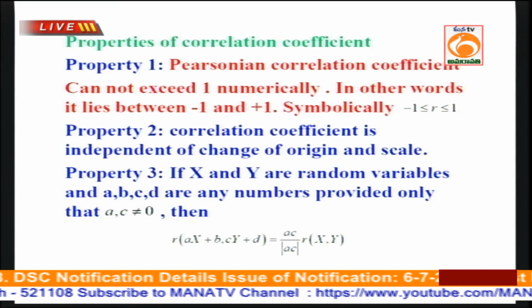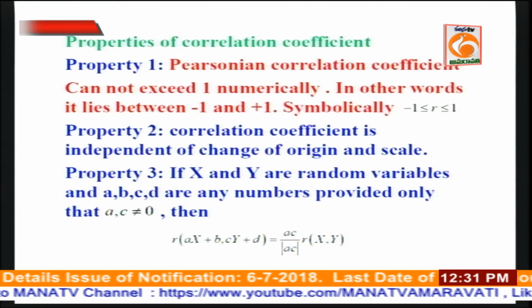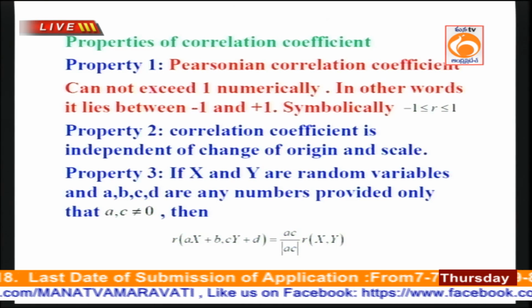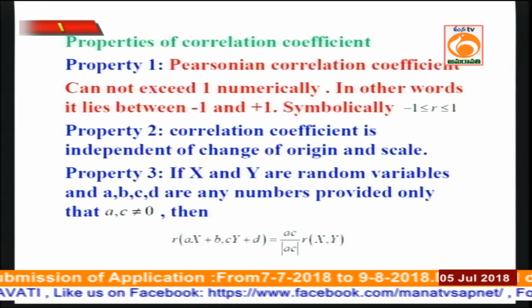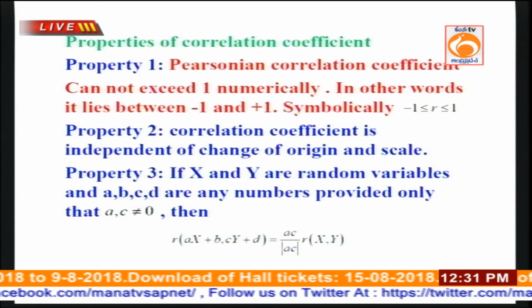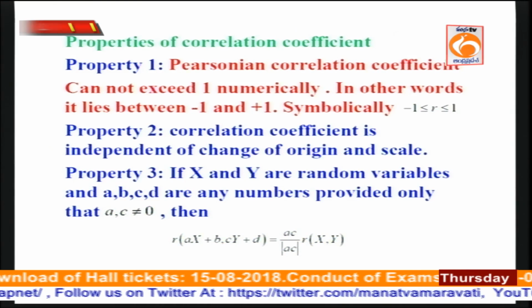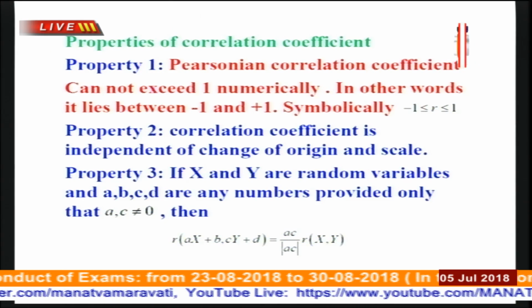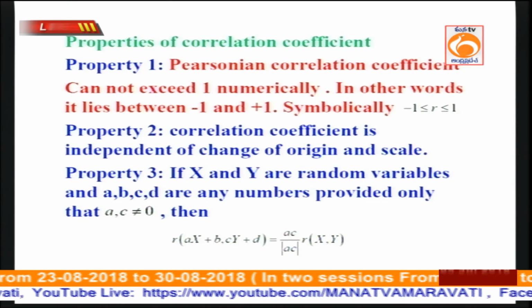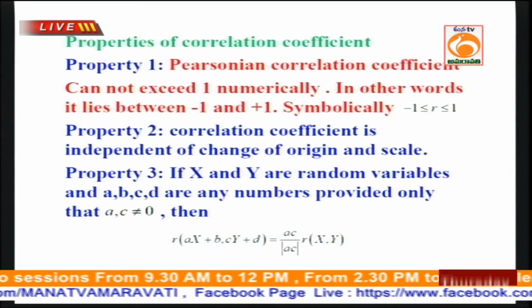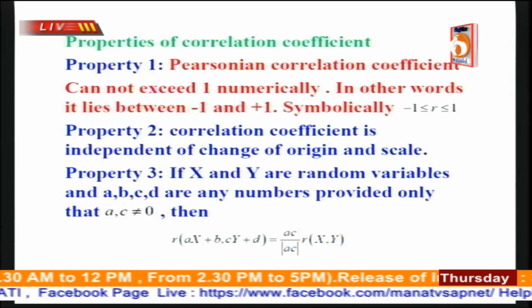Here ax plus b is a linear form and cy plus d is another linear form, and a, b, c, d are arbitrary constants. What is the correlation coefficient between these two straight line forms? By applying the change of origin and scale techniques, it is ac by mod ac into r of x comma y.